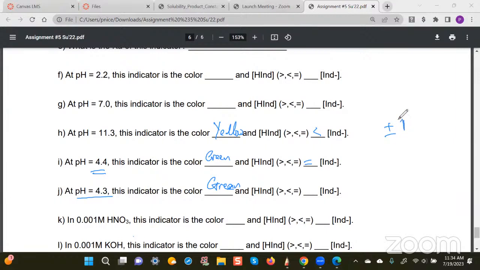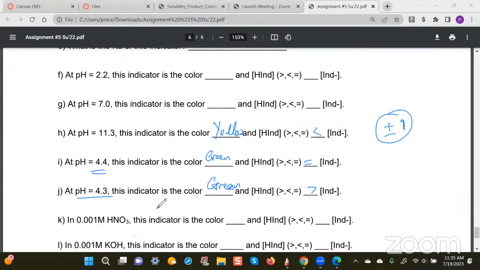So plus or minus 1, then the color would still be the mix of the two colors. So yes, green would be the answer again. But in this case, the indicator molecule, which one would be greater? The HIND. Yes. So that would be the answer.